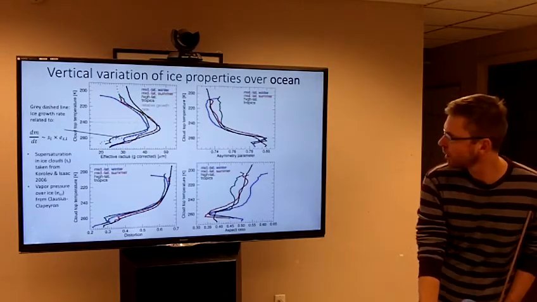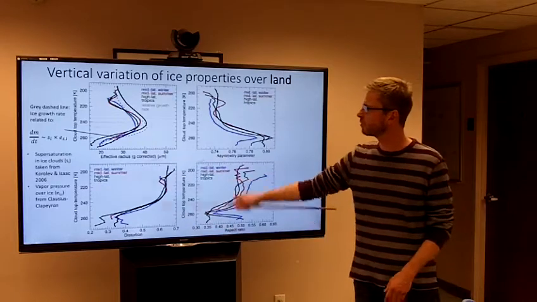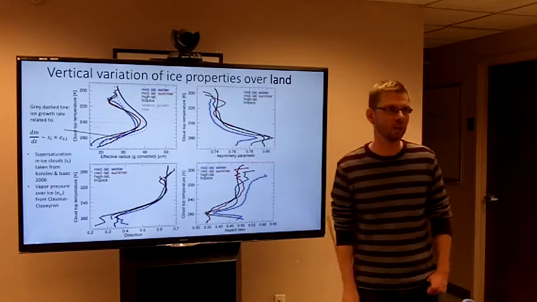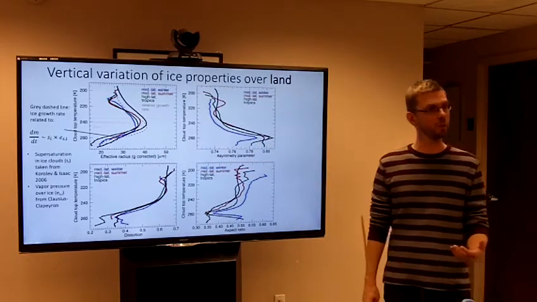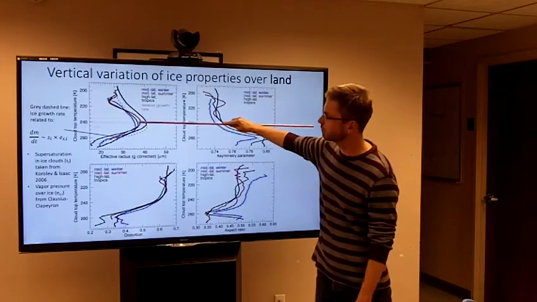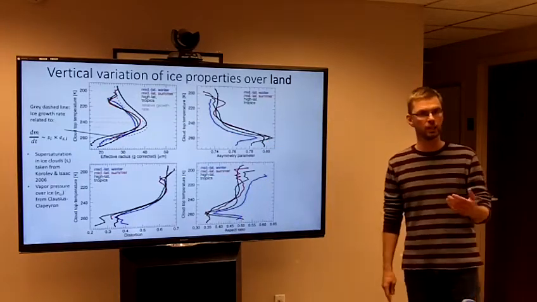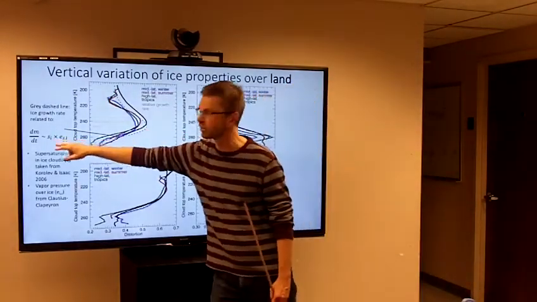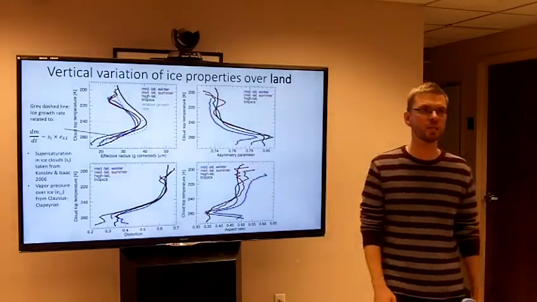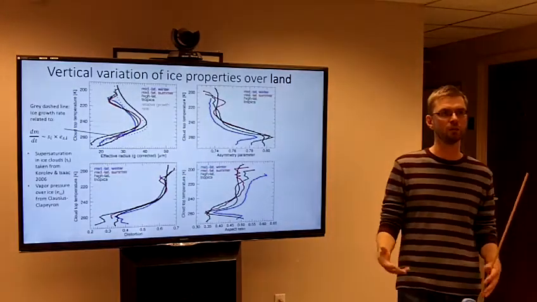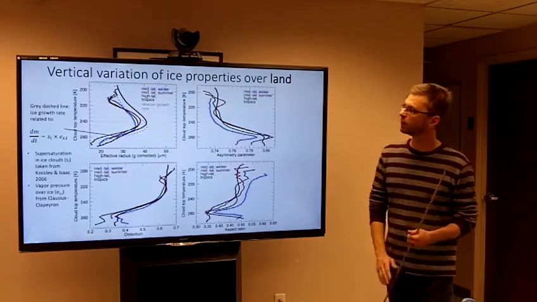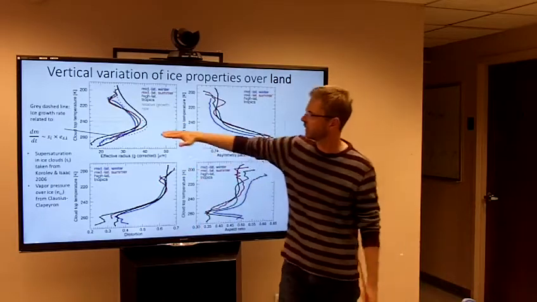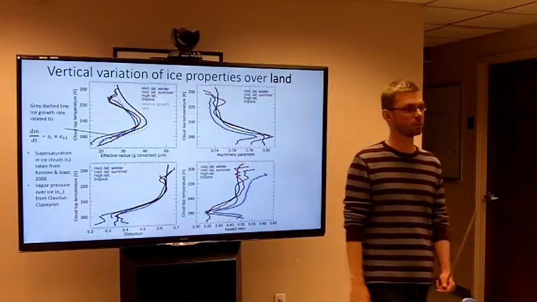And then also, if we do the same thing over land, then yeah, we see that it fits pretty well. However, over land, this peak is at slightly colder temperatures, and we get that if we change the supersaturation slightly, if we make it slightly less humid over land, which is probably the case over land, then we change the temperature where this bump is.